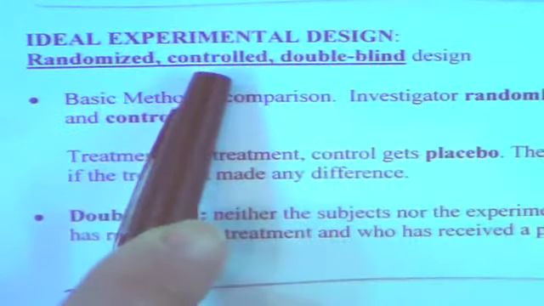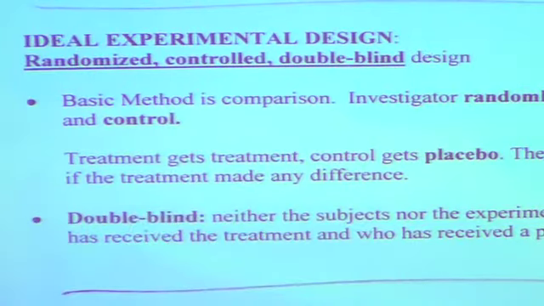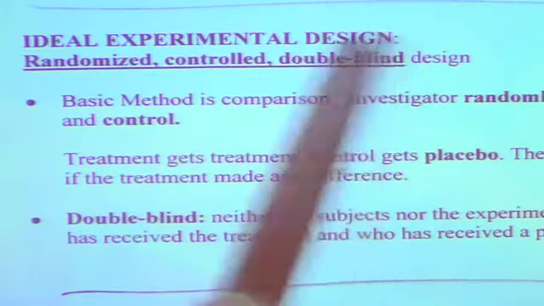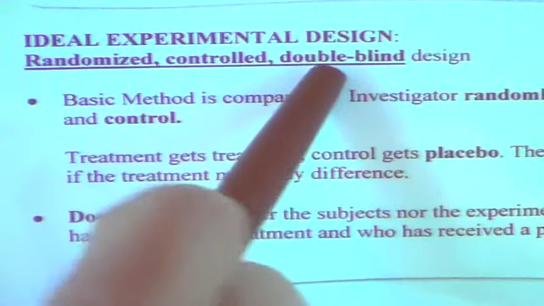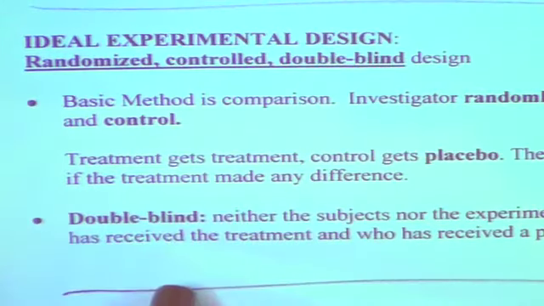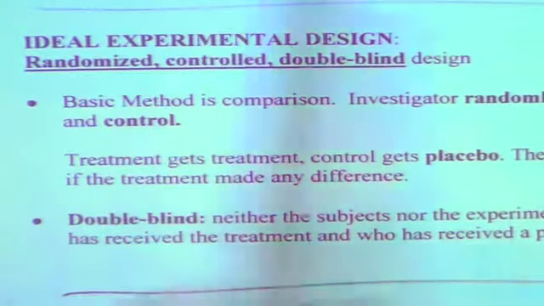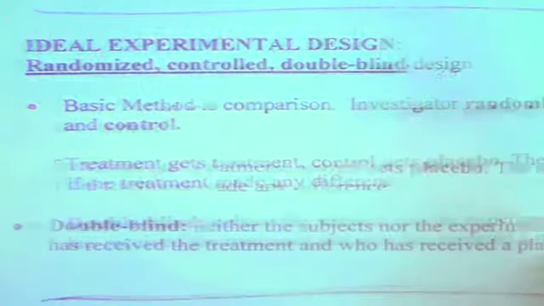What does that mean? It means that the experimenter controls who goes into the treatment group and who goes into the comparison group. And then it's double blind. Neither the subjects themselves nor the evaluator knows who is in which group. That's what we're aiming for. Of course, it's not always possible.